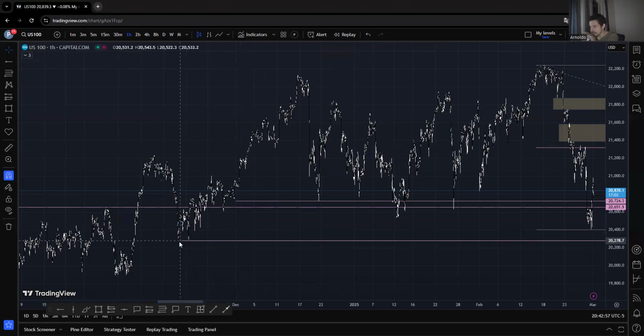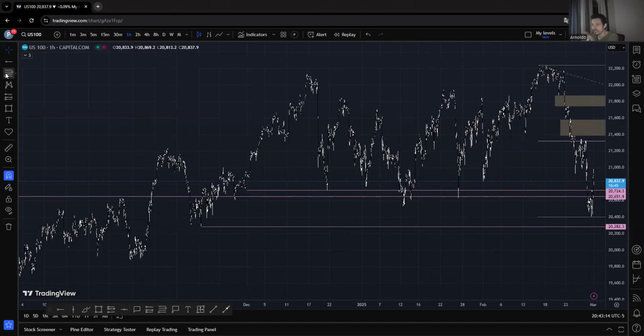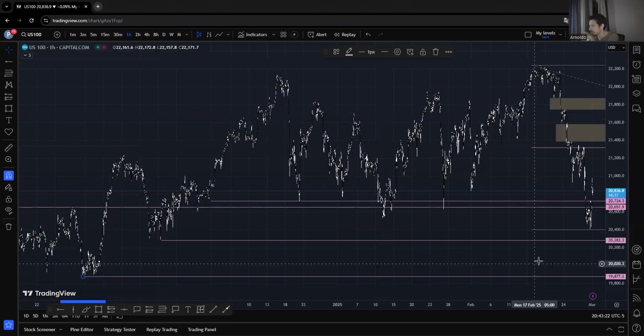So if we do not retrace at all, just put it on this low right there. If we do not retrace at all and just come down, break this low, then we have other targets here on the sell side that we could look at, right? Especially these lows look really, really juicy. Like these lows want to get raided later on.